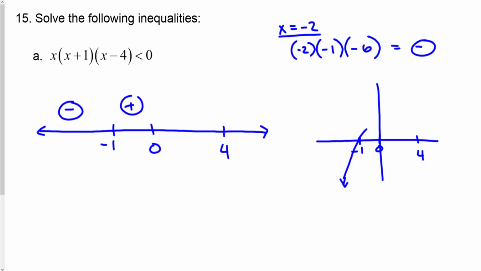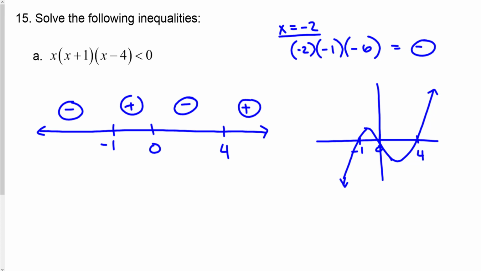And since the next 0 is multiplicity 1, I'm going to pass through the axis there, which means from 0 to 4, my graph is going to be negative. And then it's going to pass through the axis again, so on the last interval my graph is going to be entirely positive. So if you use multiplicity, it makes it a whole lot easier to figure out what's going on with this graph and come up with these intervals.